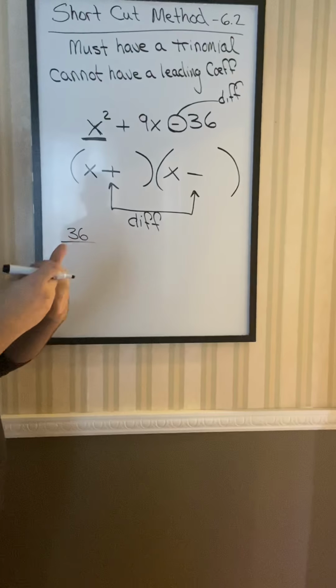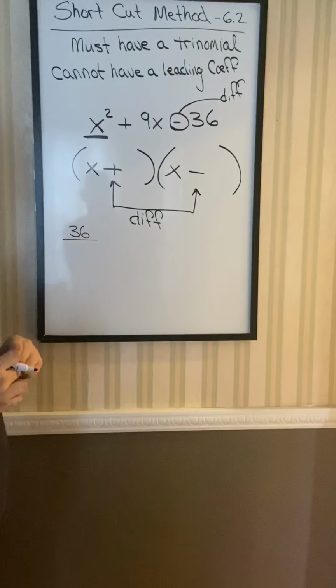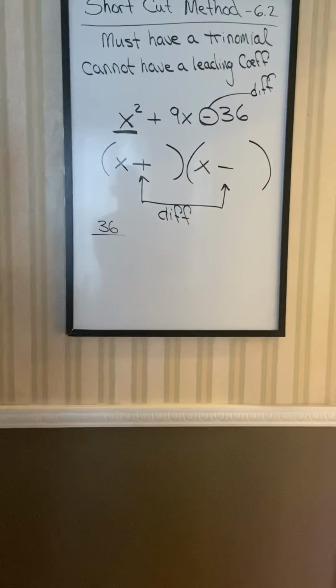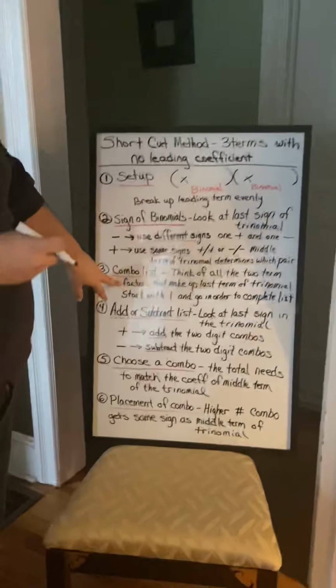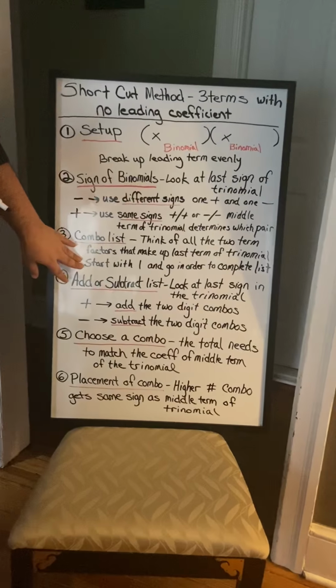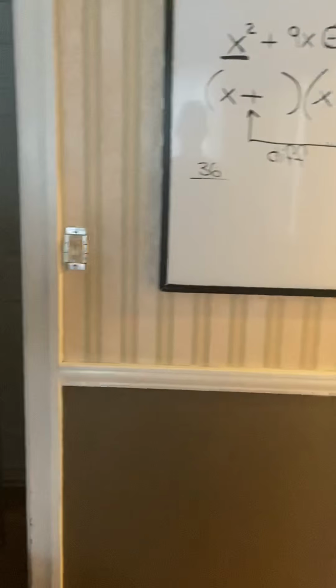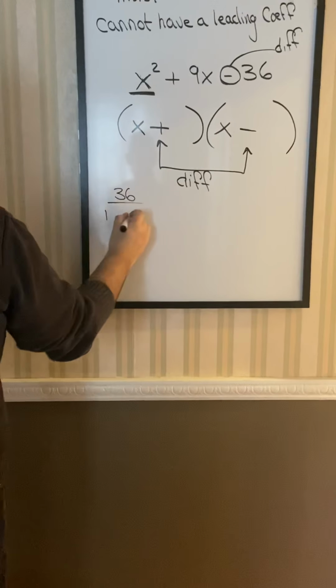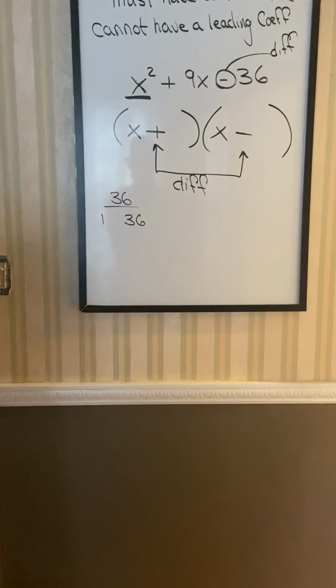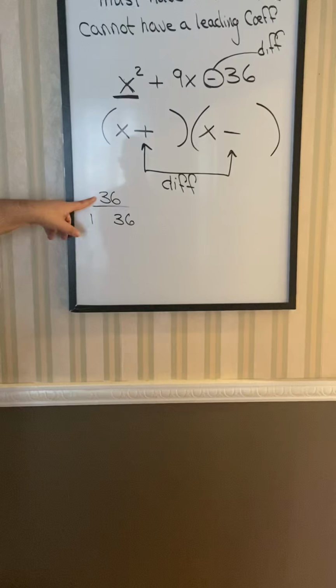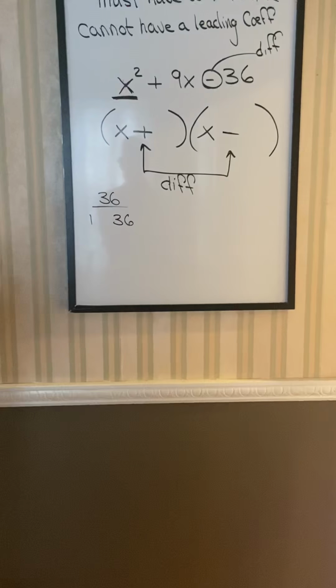I want you to think of any 2 numbers that multiply that gives you 36. Now, I told you as a hint, when we do the combos list, you always want to start with 1. 1 will always work. The reason why, 36 divided by 1 is 36. You're thinking of everything that you can divide in evenly would be a combo.